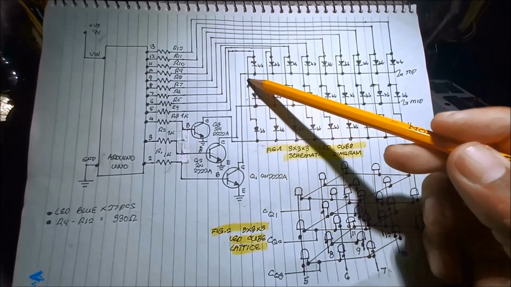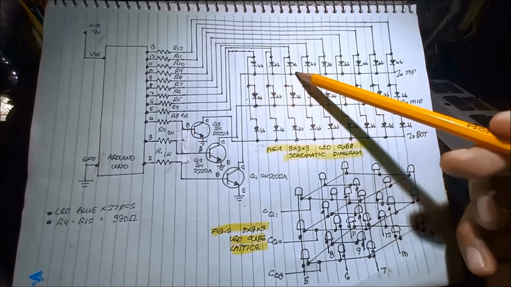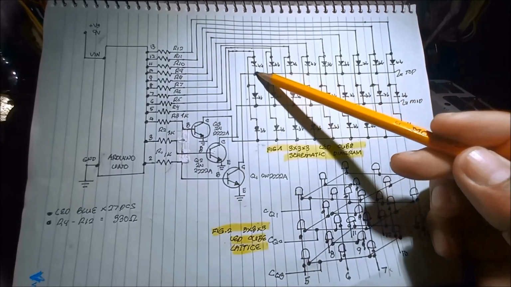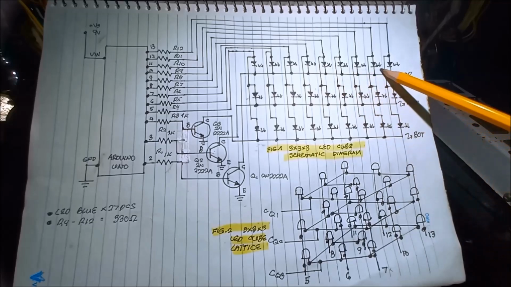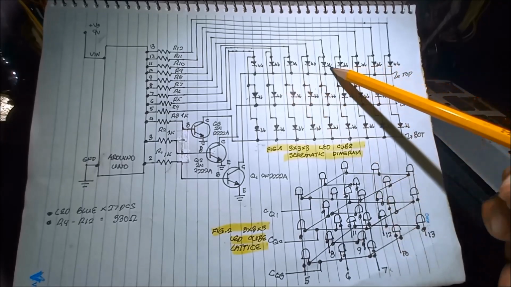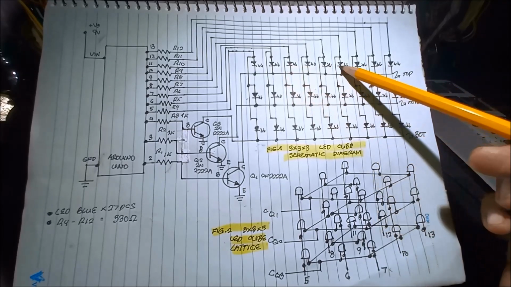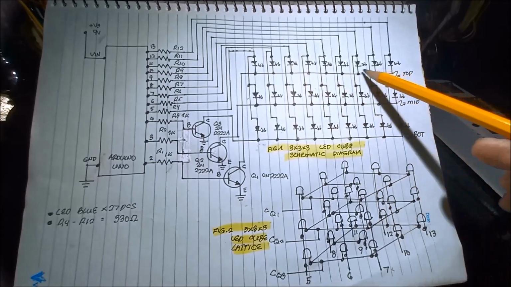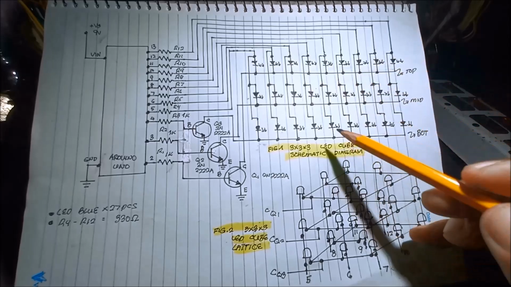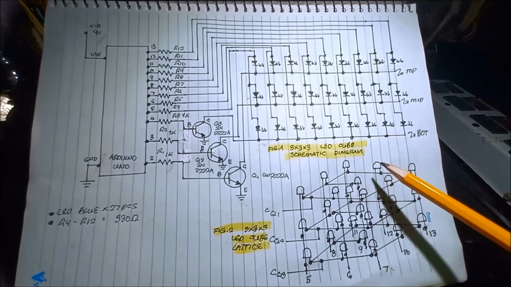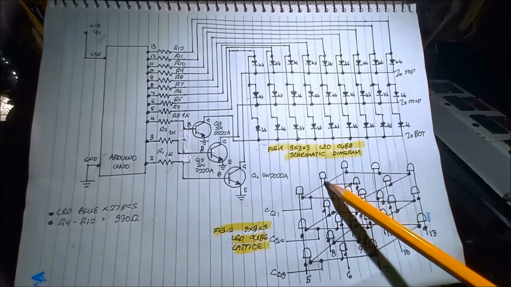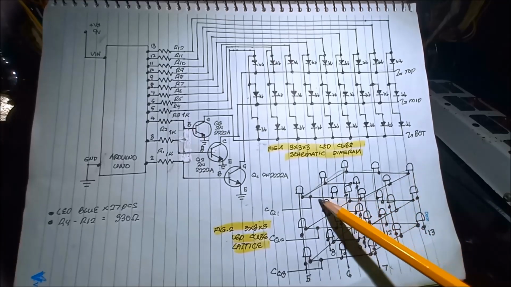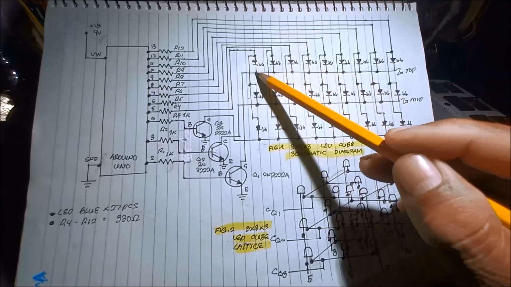controlling or driving the cathode side of the LED array. So this line or row is equivalent to, when we are assembling an LED, this one. This whole square is equivalent to this.